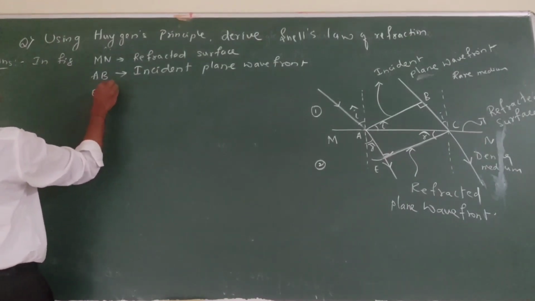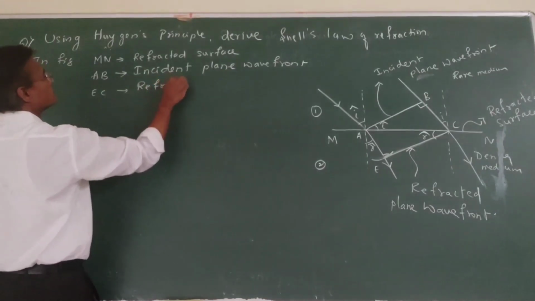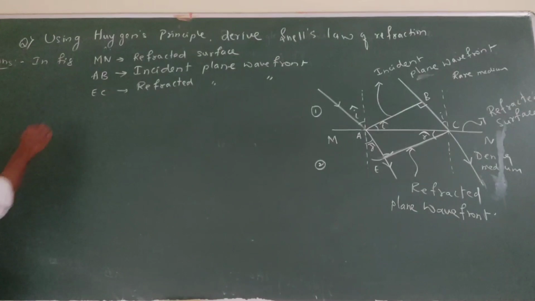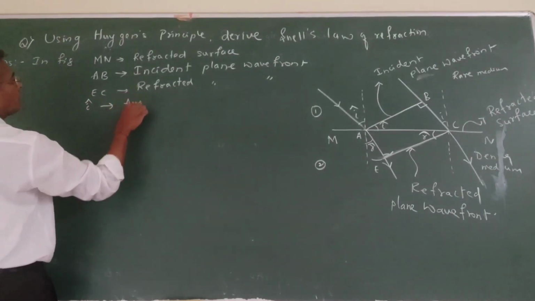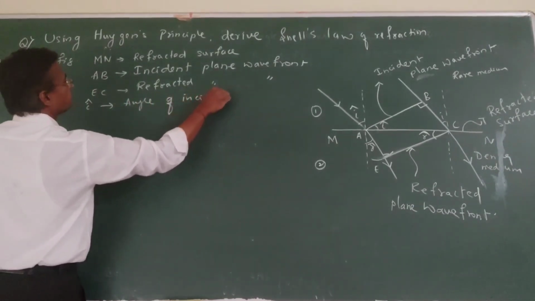And then EC is the refracted plane wavefront. Angle I is the angle of incidence.